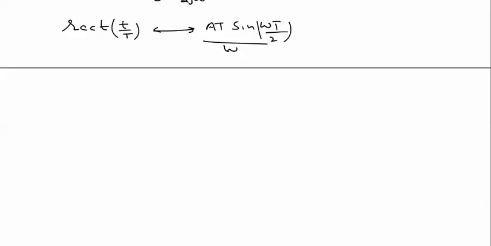Actually, the rectangular function is graphically denoted by minus T by 2 to T by 2 with height A. Its transform is 2A sine omega T by 2 upon omega.